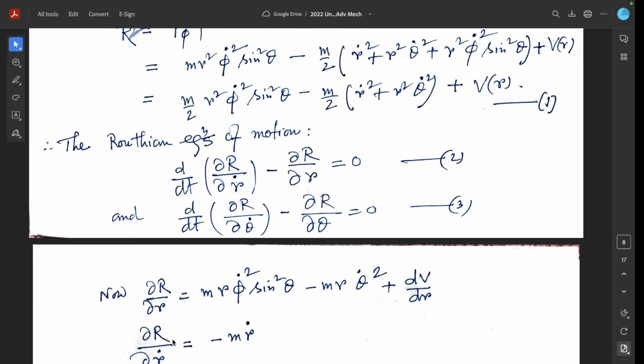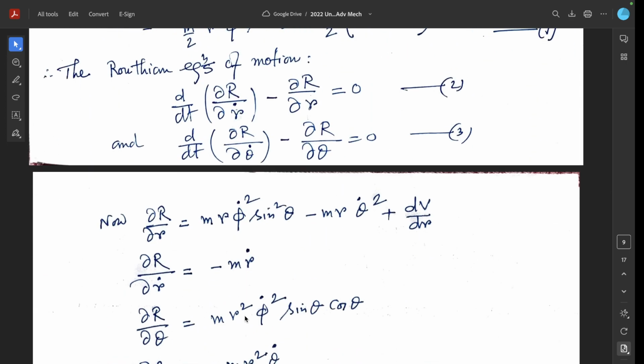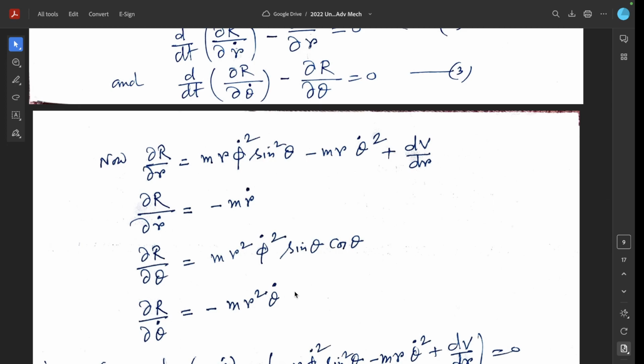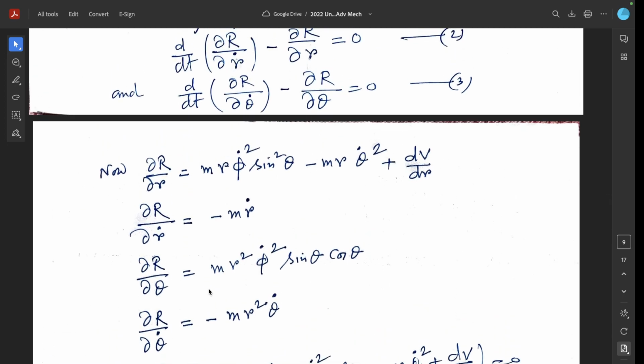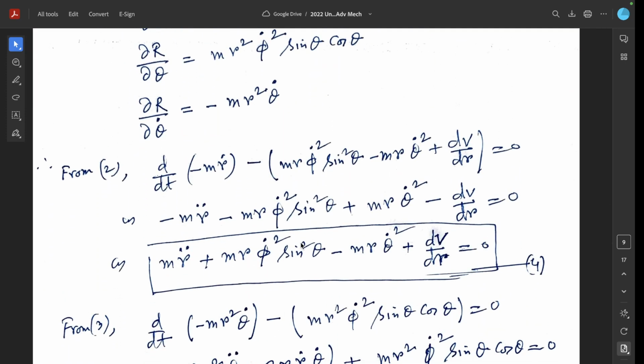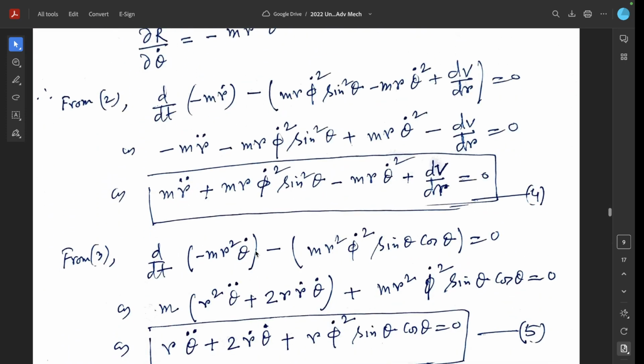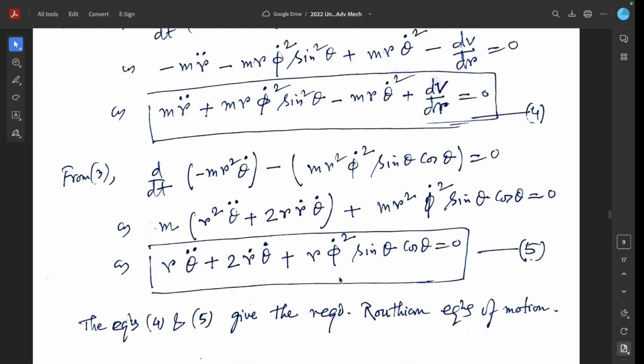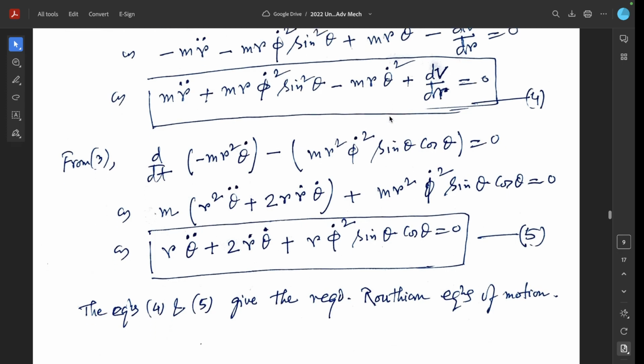Similarly, we get del R by del theta equal to this, and del R by del theta dot equal to this. Using these values in 2 and 3, from 2 we get expression 4, and from 3 we get expression 5. So 4 and 5 give the required Routhian equations of motion.